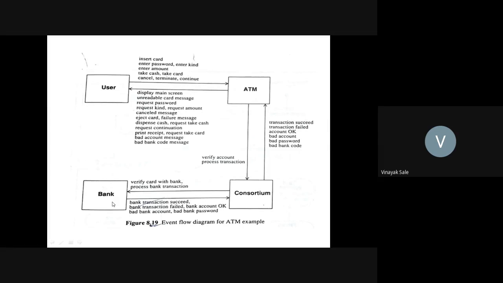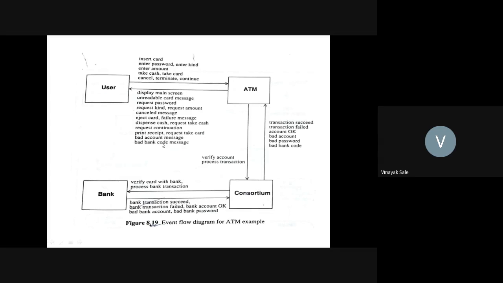After verification is done, the bank communicates to the consortium about the bank transaction process. Then the consortium communicates with the ATM and asks it to display on the main screen whether the unreadable card message, or request password, or request type, then amount, then cancelled message, eject card, failure message, dispense.